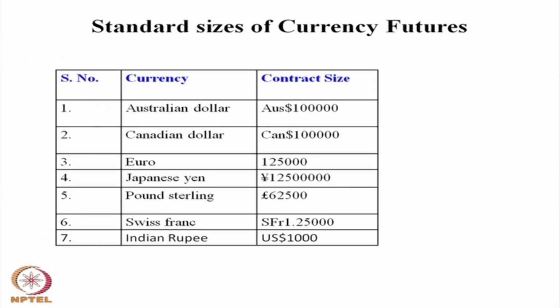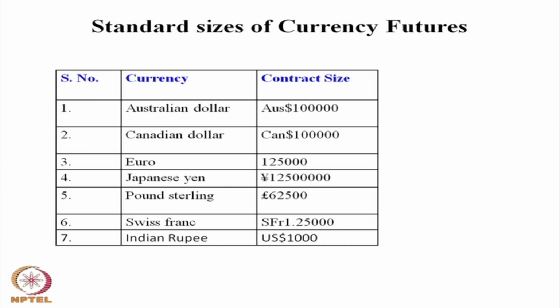Each currency future has a standard size, fixed on the basis of different trading volumes. For the Australian dollar, the standard size is around 10 lakh Australian dollars. For the Canadian dollar on the Chicago Mercantile market, it is 1000 Canadian dollars. Euro is 1,25,000 euro.